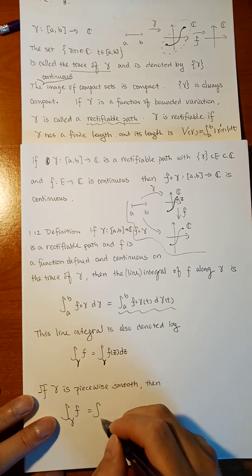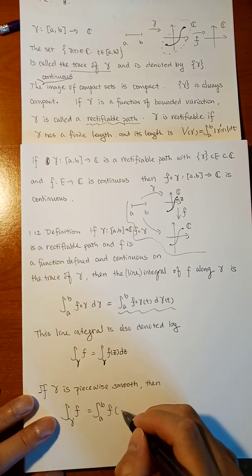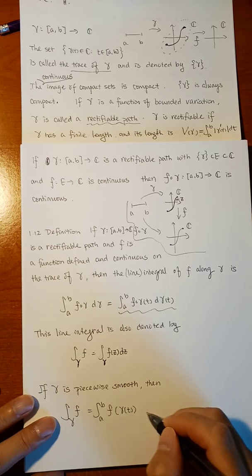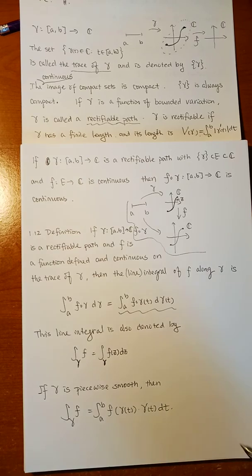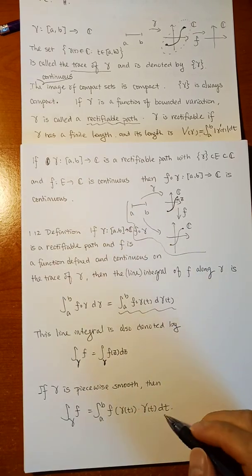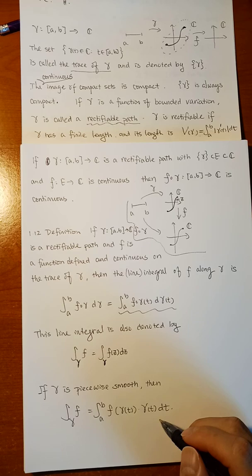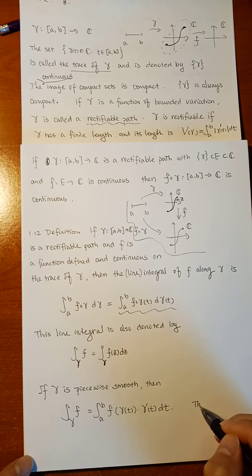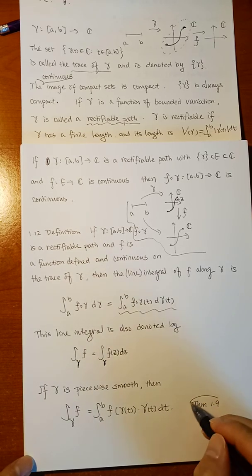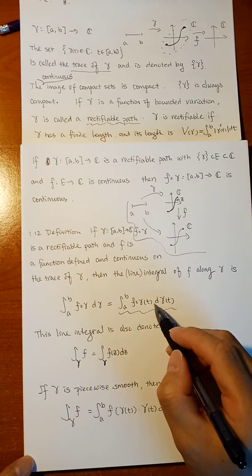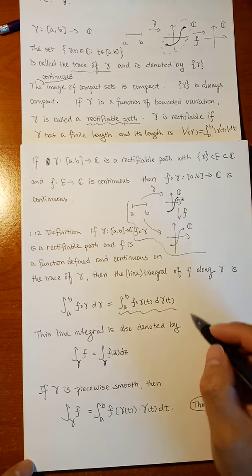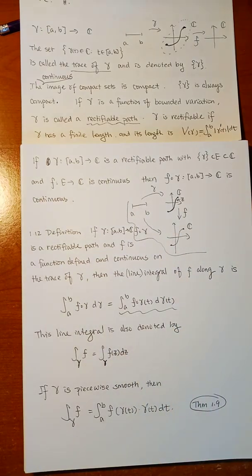It is actually the integral from A to B of F of gamma of t times gamma prime of t dt. Remember that this is Theorem 1.9. Just move this gamma forward, it becomes gamma prime. d gamma is gamma prime dt. Okay, and this is our line integral. This is our calculus.